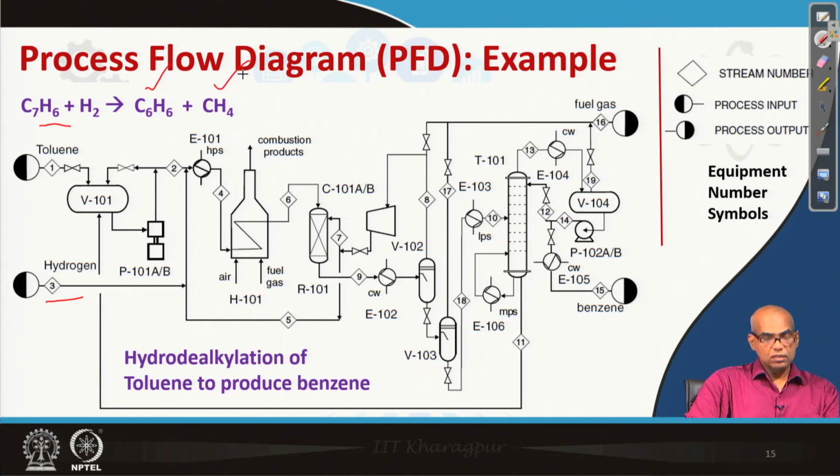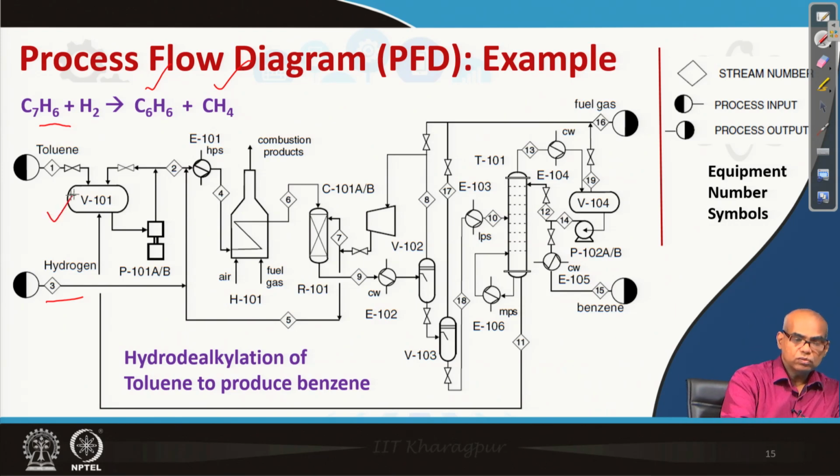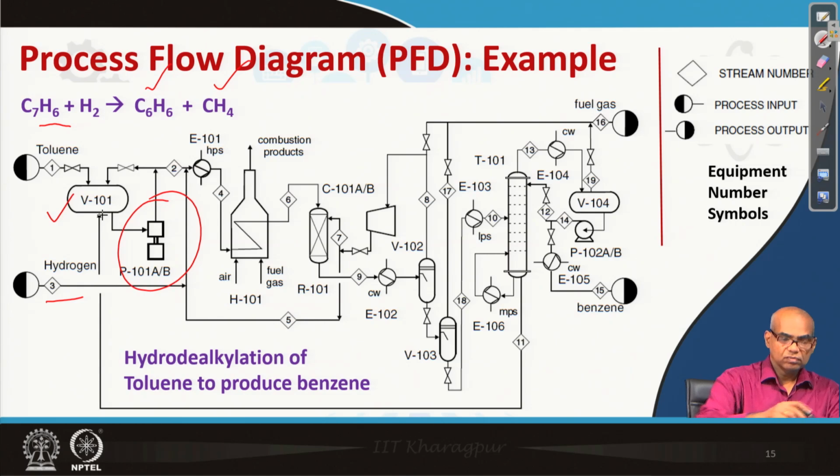Toluene is taken into the vessel V101, it is pressurized, mixed with hydrogen, and heated up in the furnace to raise the temperature.